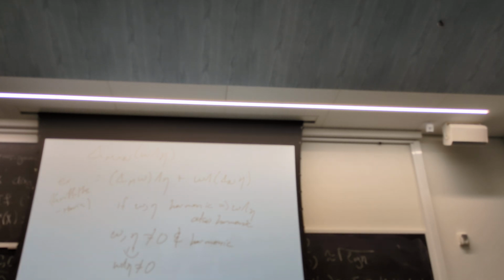Because omega evaluates to something non-zero on the vertical part, and eta evaluates to something non-zero on the horizontal part, at x and y, then at the product point x comma y you have something which is non-zero. Because it's harmonic, it is the special representative in its cohomology class. So the special representative is non-zero, which means the cohomology class itself is non-zero. So this means that omega wedge eta is not equal to 0 in cohomology. Does that make sense, or do you want me to write something this way?